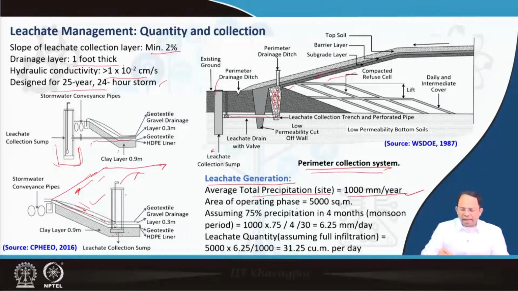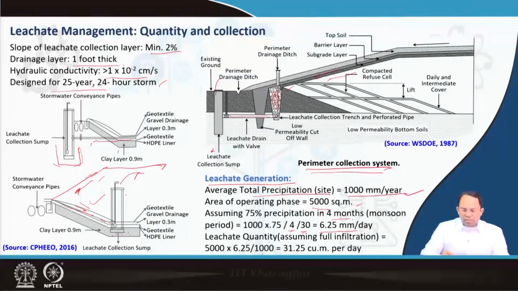If I know the area of one operating phase, in this case 5000 square meter, and we assume that roughly 75% of the precipitation happens in a 4-month period, or it could even be 80%, then I divide by the number of days in 4 months, and we get around 6.25 millimeter per day of rainfall that will be converted into leachate.